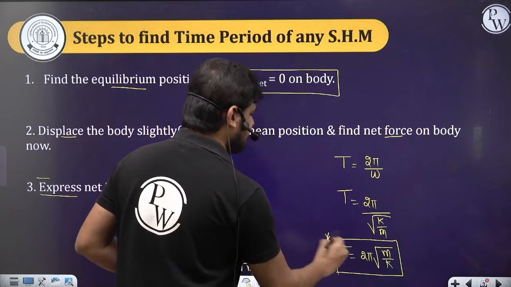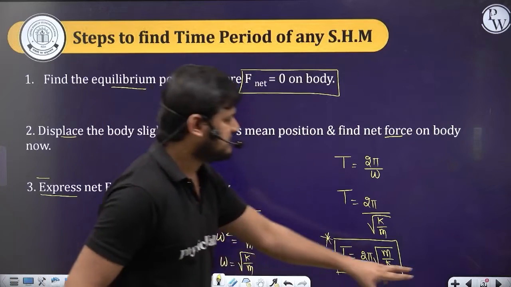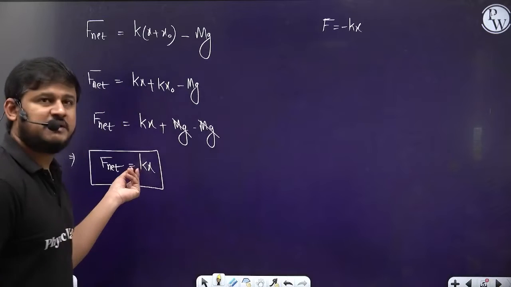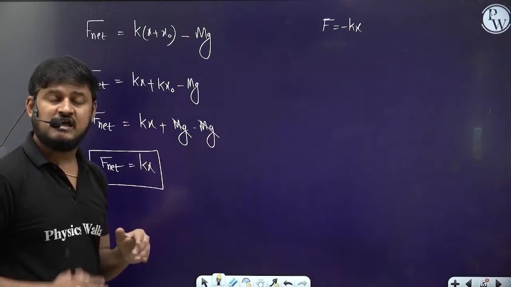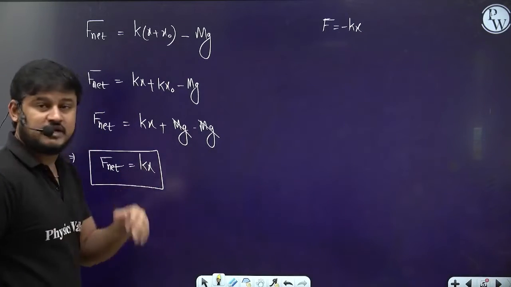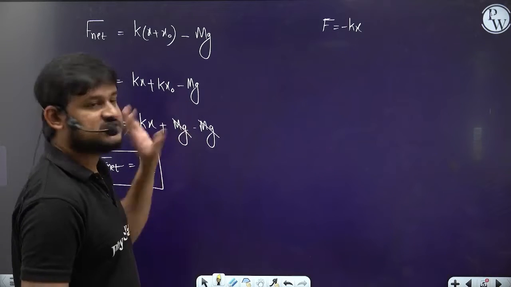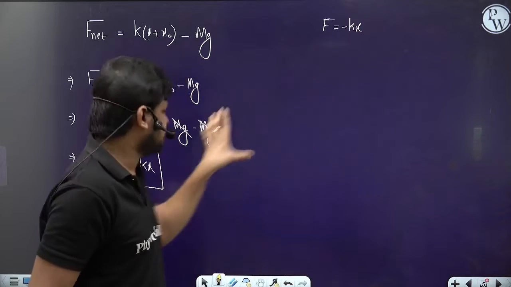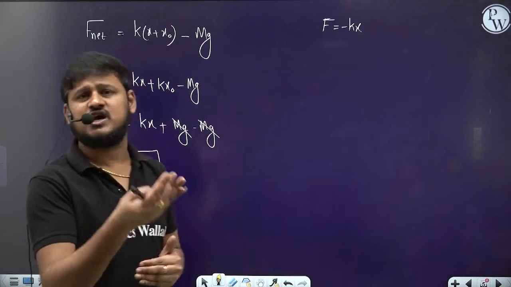In this particular case, the simple spring mass system, we got F is equal to minus kx only. In place of k, we got k itself. But sometimes it can be 4k, sometimes 3k, depending on the system. We express it as F is equal to minus kx because the displacement and the force are in opposite directions.